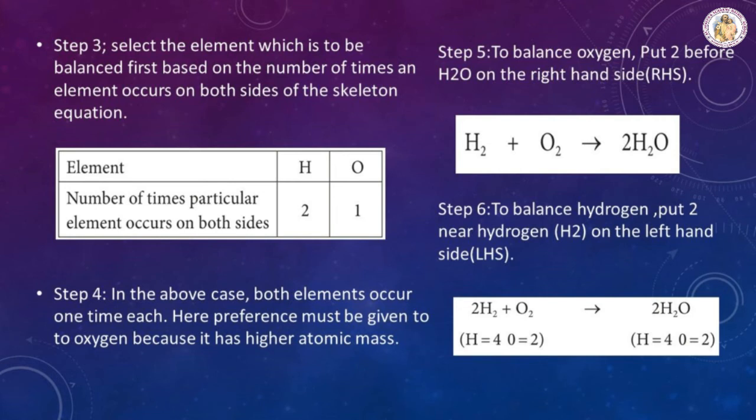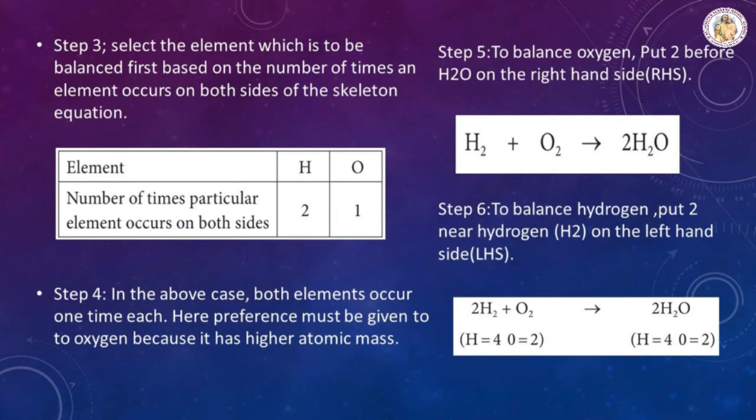Step 5. To balance oxygen, we should put 2 before H2O on the right hand side, because on the left hand side there are 2 oxygens. So to balance that, we should put 2 in front of the H2O. So 2 oxygens on the right hand side and 2 oxygens on the left hand side. Next we are going to balance the hydrogen.